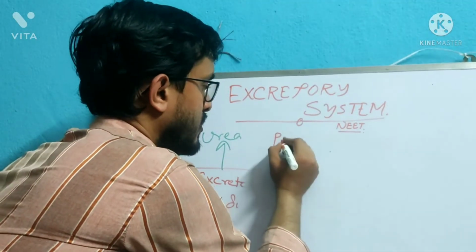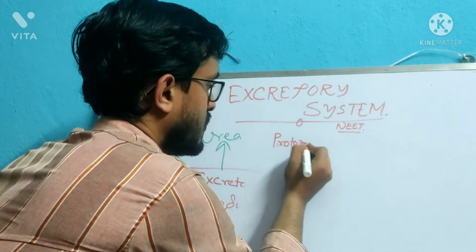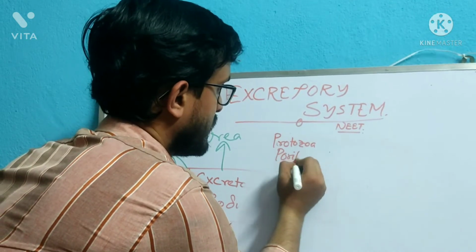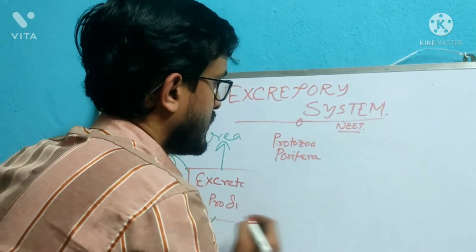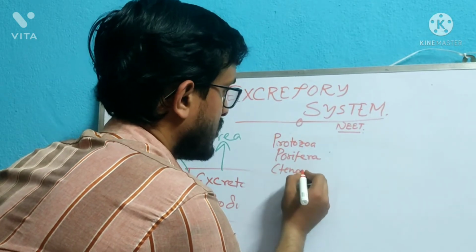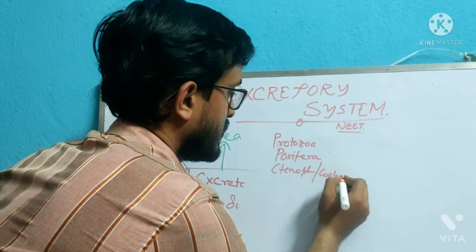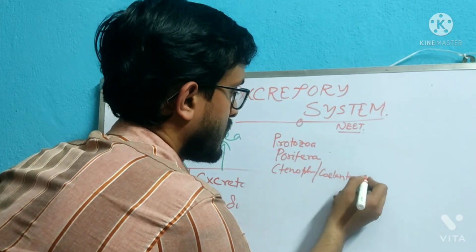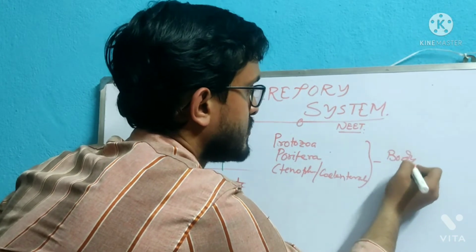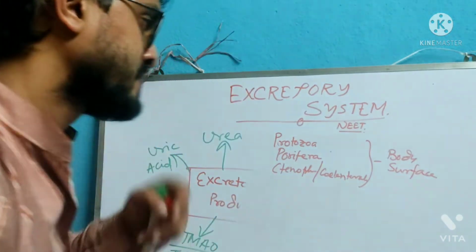In the case of protozoa, porifera, ctenophora or coelenterata, they have the body surface as the excretory organ.